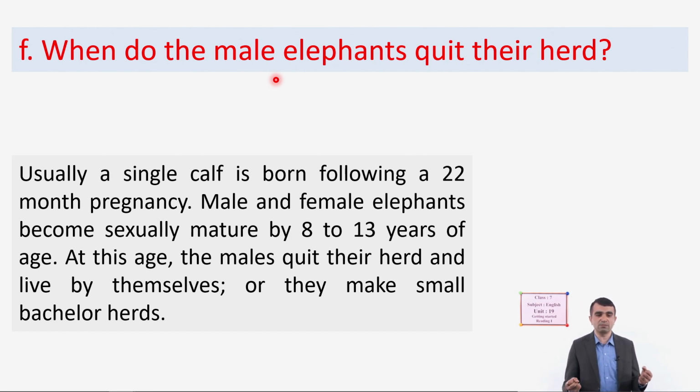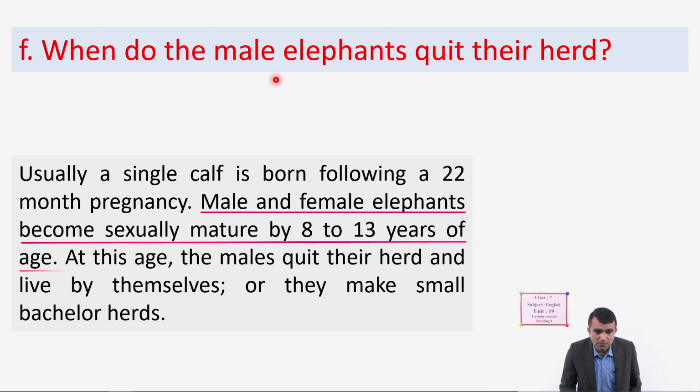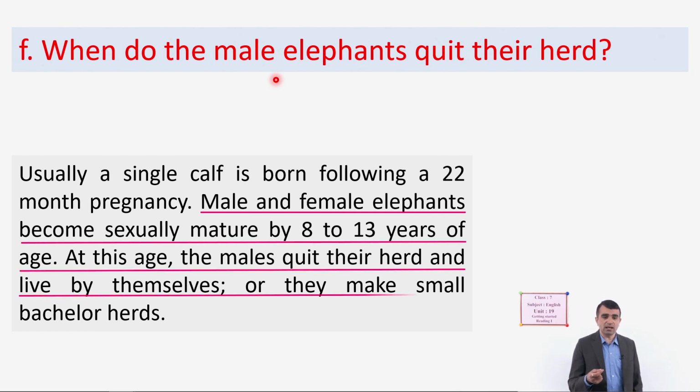Male and female elephants become sexually mature by 8 to 13 years of age. At this age, the male quit their herd and live by themselves, or they make a small bachelor herd. That's given in the last paragraph. So your answer should be what?